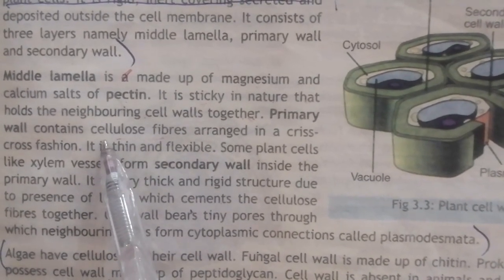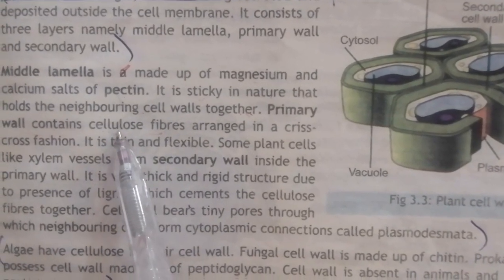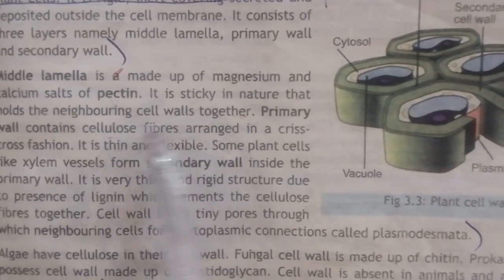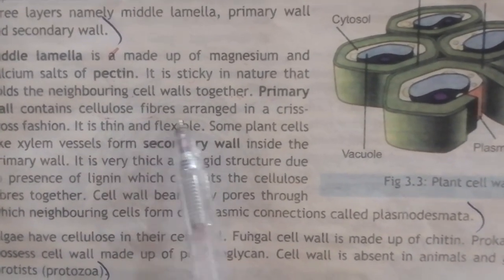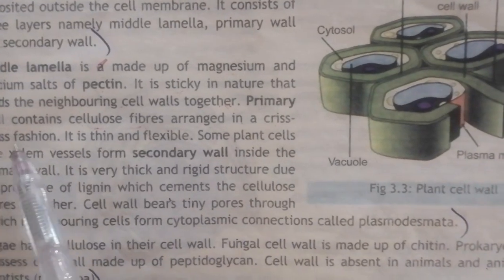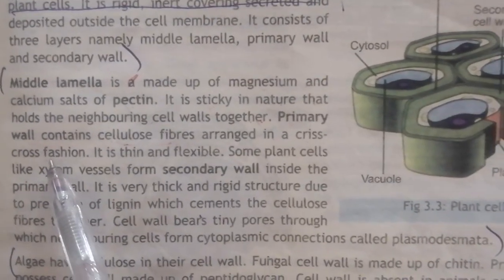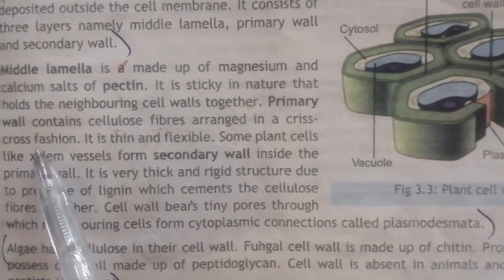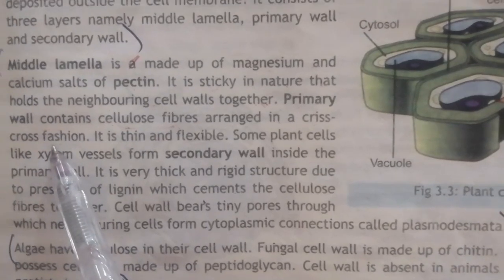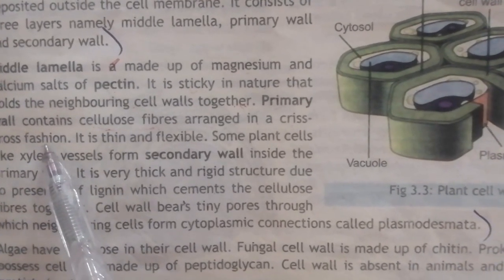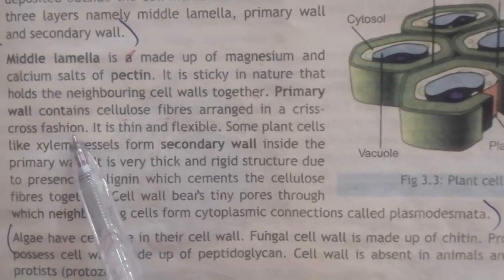Basically, these are a type of carbohydrate and one of the chemicals which is actually composing the primary cell wall. यानी primary cell wall आपकी cellulose fibers से मिलकर बनती है, which are arranged in a criss-cross fashion. यानी वो किस तरीके से arrange होते हैं? criss-cross, क्रॉस की शक्ल में. जैसे टाइल्स आपने देखी होंगी दीवारों पे या फ्लोर्स पे, जिस तरह से टाइल्स को प्लेस किया जाता है, उसको हम कहते हैं क्रिस क्रॉस फैशन.